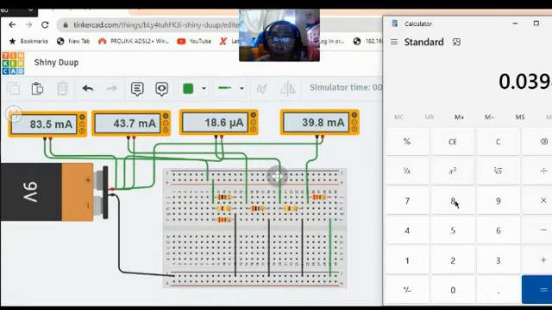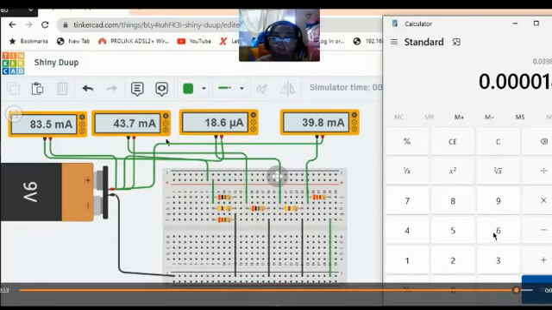Now I am trying to add all the readings from the multitesters assigned to each resistor to see if we have the same value, 83.5 milliamperes.